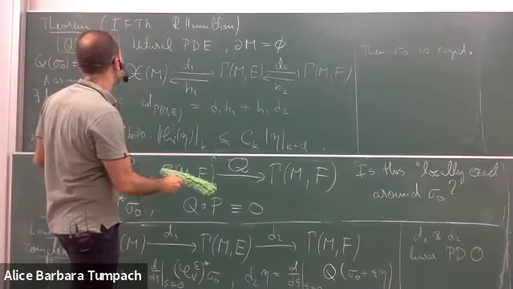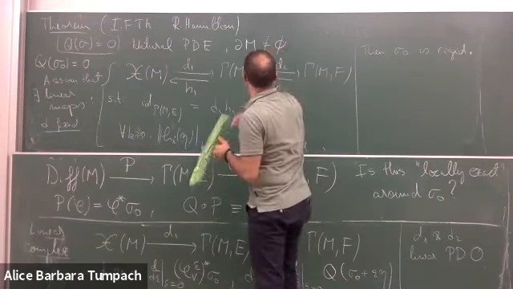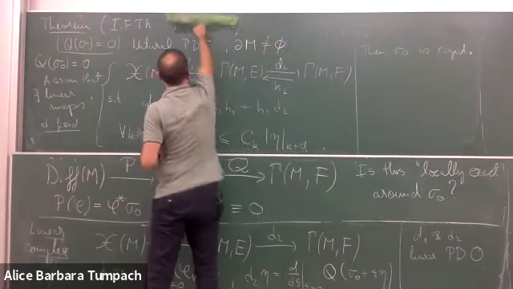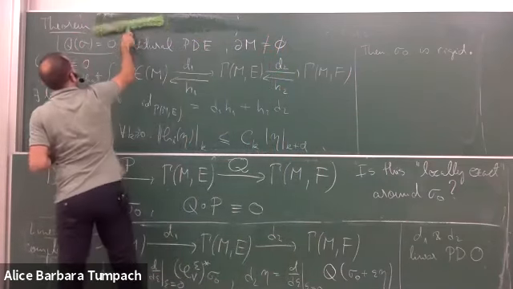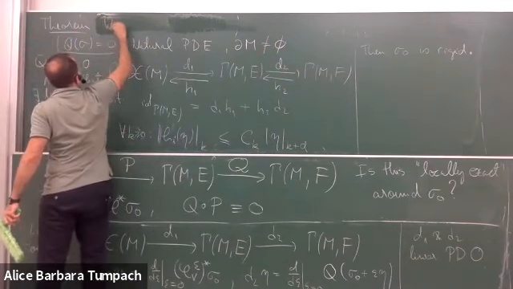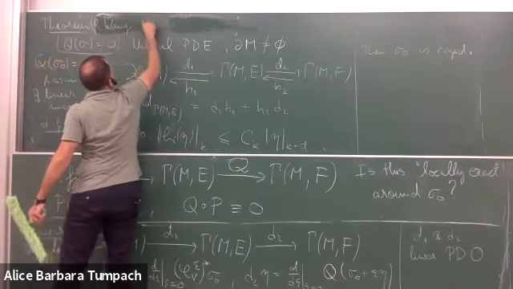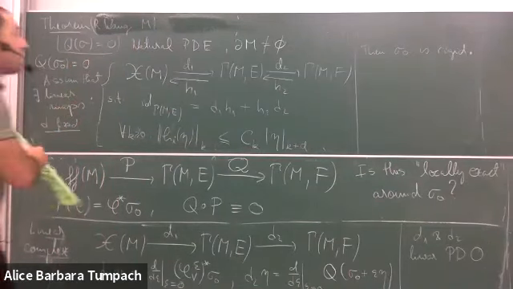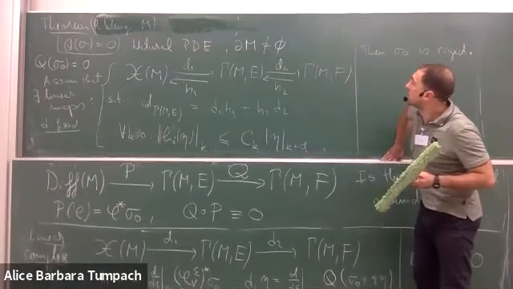What do I want to do now? Just modify this. So the first modification is this one, and this is what we proved with Roy. The boundary is non-empty, and now what we do is fix a collar neighborhood of the boundary.